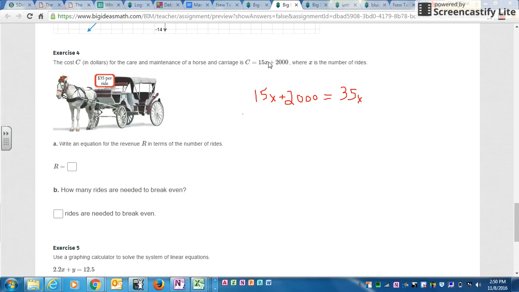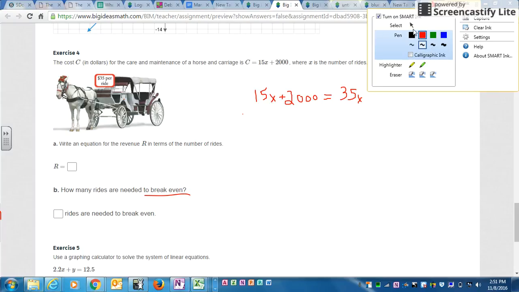That's the break-even point. When do they match each other? So in other words, after how many rides would I have to give so that the money that I bring in, which is the revenue, is equal to my cost? So this is a fairly simple two-step equation. You can go ahead and solve that on your own, and the answer you get for x will go right here.